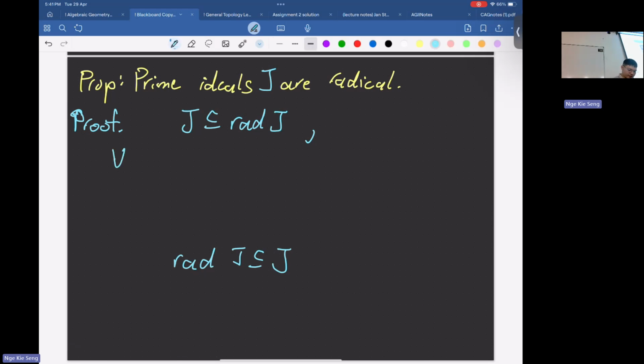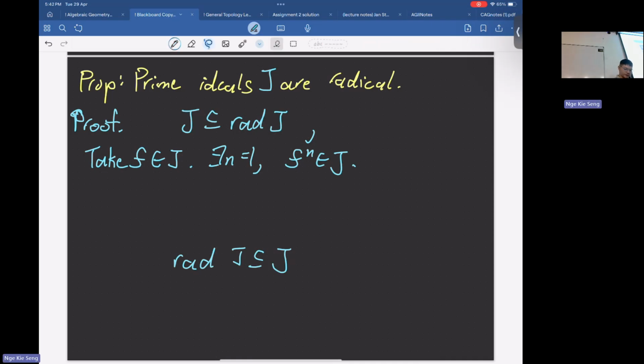If I take a function f in J, what do we need to show that it's in rad J? Rad J definition: there exists some n such that fn is in J. What's the n you can take here? 1.